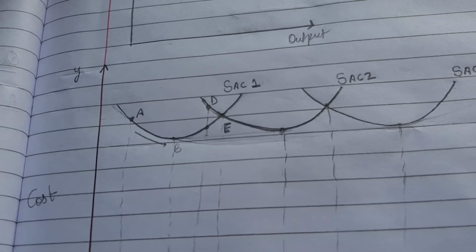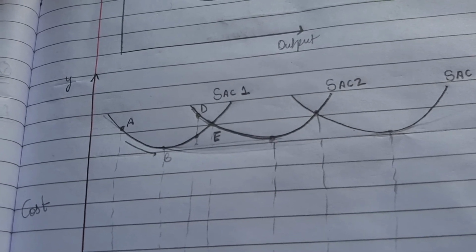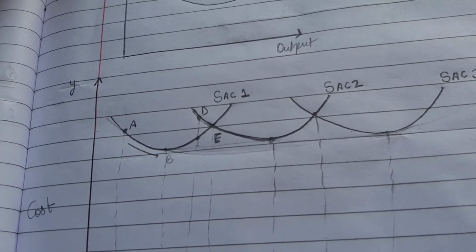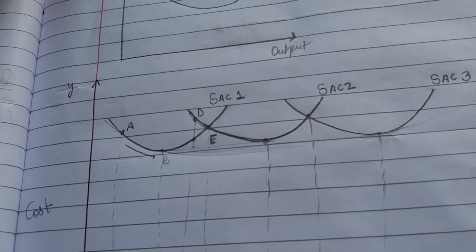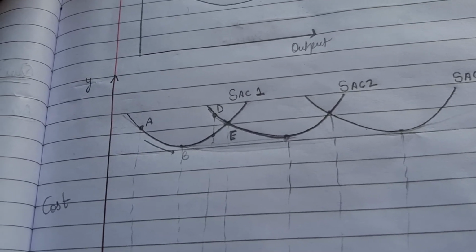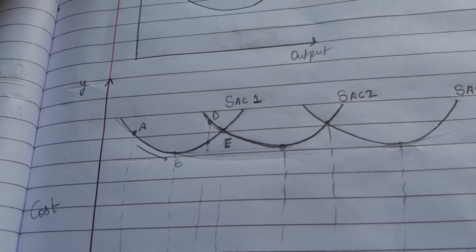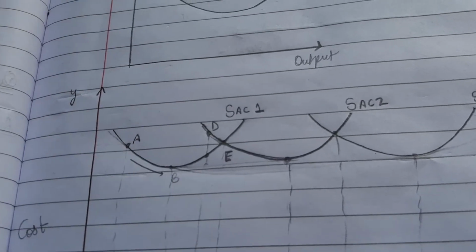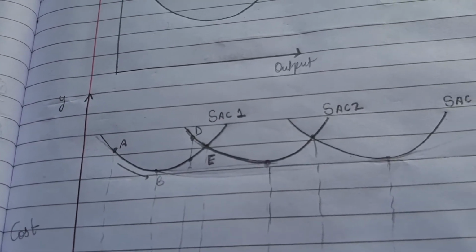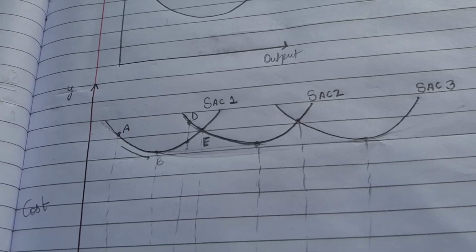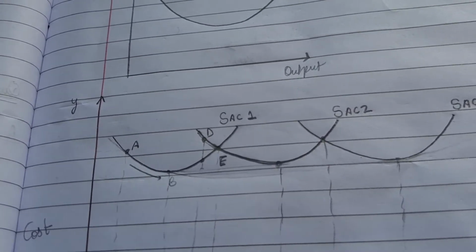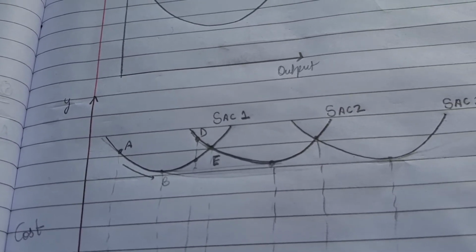Now, as we reach point E, we find that the cost and the output are the same for both the curves. Now, when I shift my production further forward, I see that if I had moved along the first curve, it would have cost me more. So then I shift my attention to my second plant, and I continue my production.